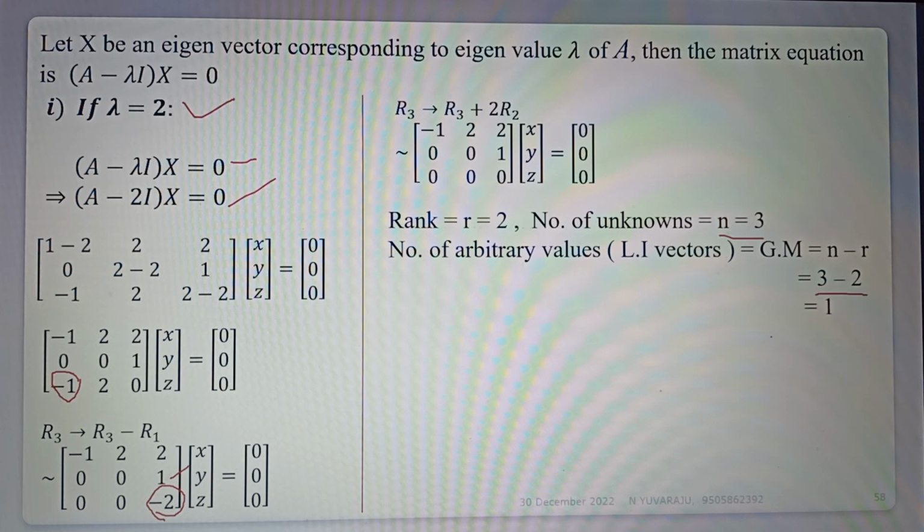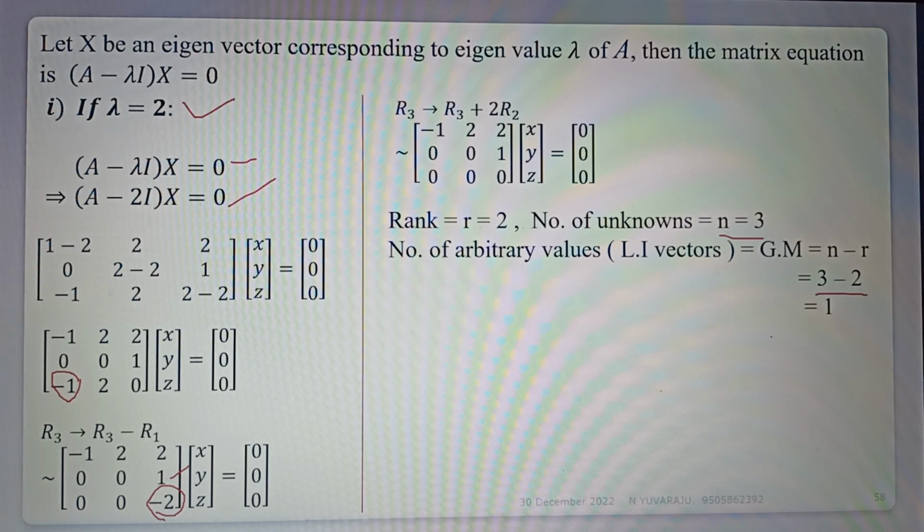But algebraic multiplicity of eigenvalue 2 is 2. But here geometric multiplicity is 1. That means both are not equal. AM is not equal to GM. Algebraic multiplicity is not equal to geometric multiplicity for eigenvalue 2. That means the condition is not satisfied. So therefore the given matrix is not diagonalizable.